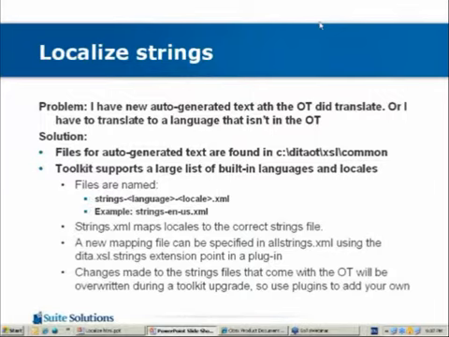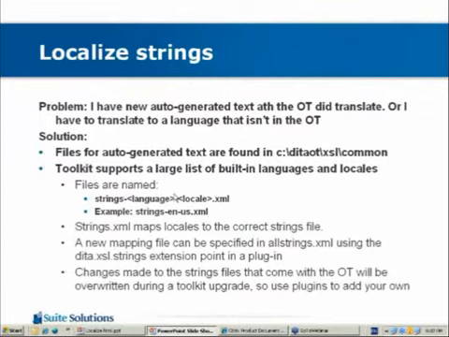So the toolkit gives us, using plugin extensions, the ability to extend the strings. They're all found in the DITA-OT xsl common folder, and by convention they're named with the string, the language, and the locale.